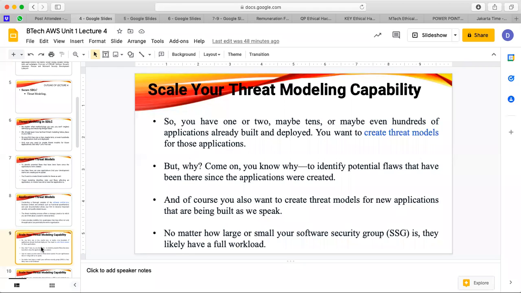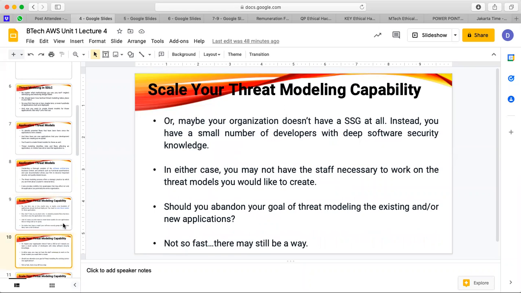No matter how large or small your software security group is, they likely have a full workload. Or maybe your organization does not have an SSG at all. Instead, you have a small number of developers with deep software security knowledge. In either case, you may not have the staff necessary to work on the threat models you would like to create.